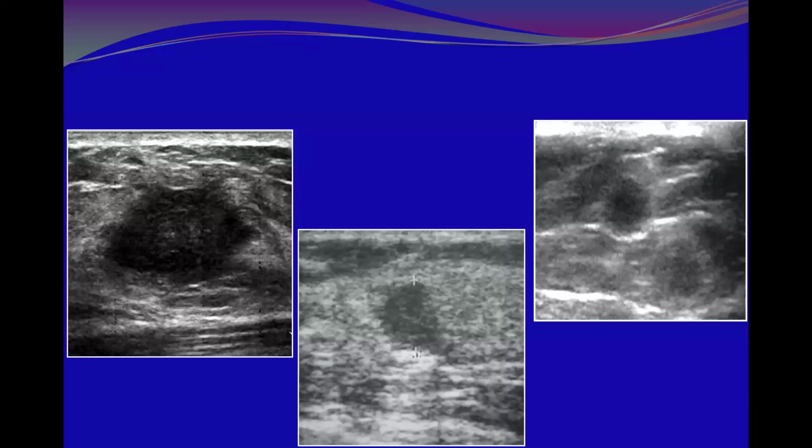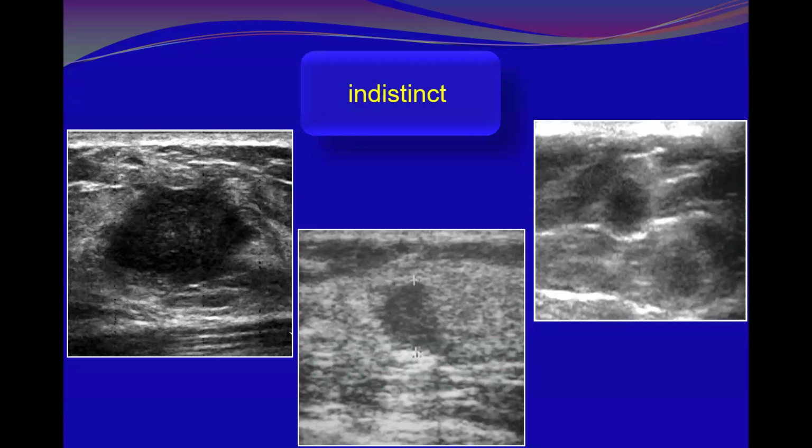Okay. What about the margins here? Is it circumscribed? Are the margins here circumscribed? No. This is indistinct margins.